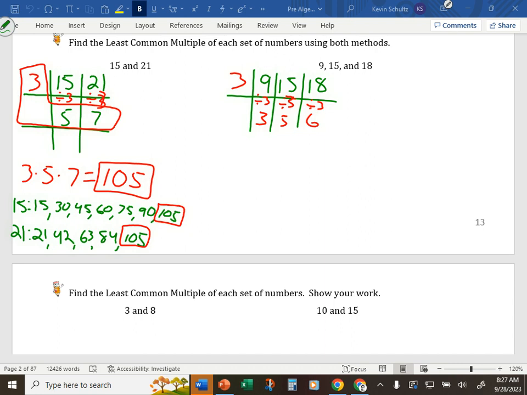So in this case, you would go further by dividing your 3 and 6 by 3. Not the 5. And so that gives you a 1. Your 5 just drops down and you get a 2.